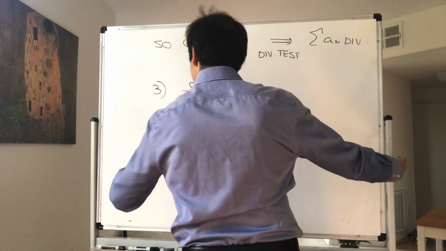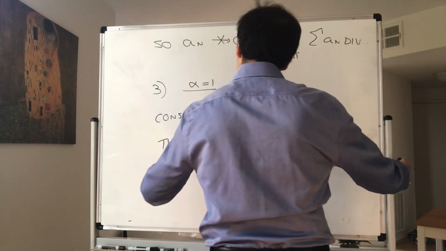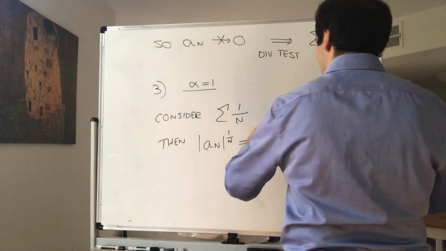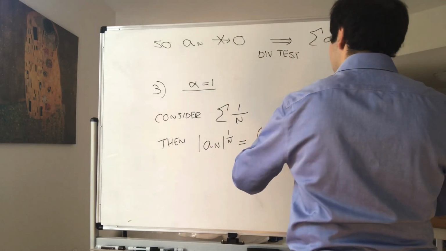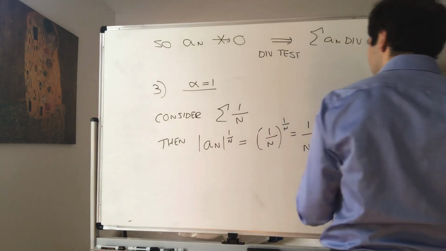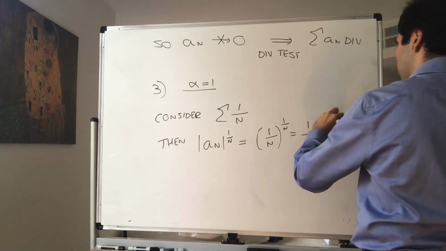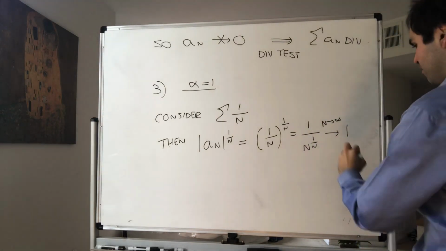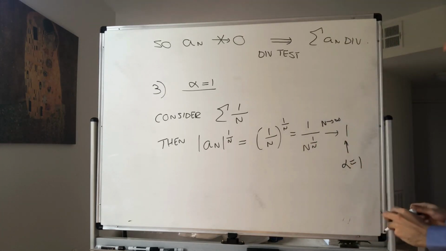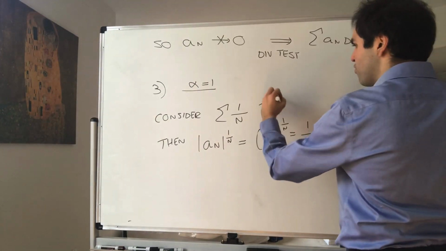Then an to the 1 over n is 1 over n to the 1 over n, which, as n goes to infinity, goes to 1. So alpha equals 1, but this series diverges.